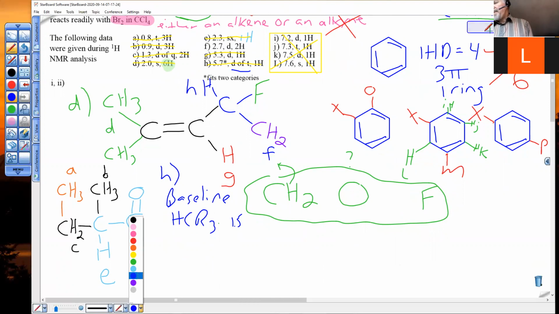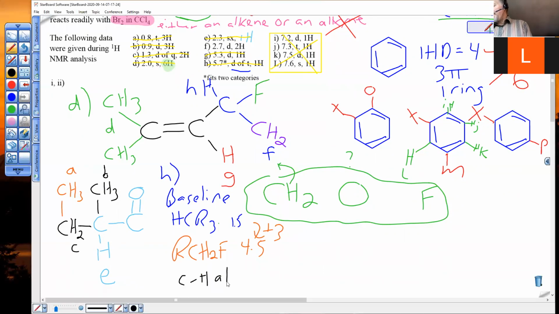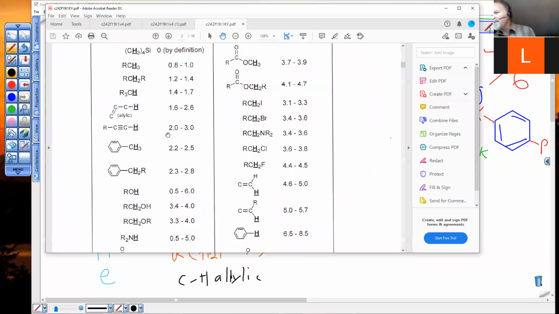Okay. That's a bump of 3, and another category being allylic. And that takes it up to, let's call that 1.8, 1.9.